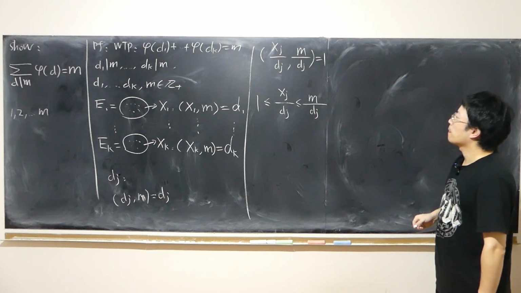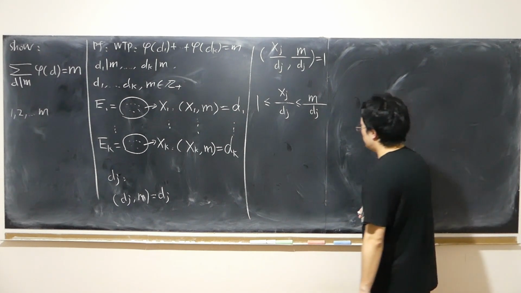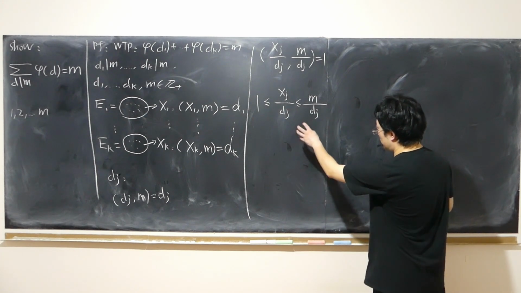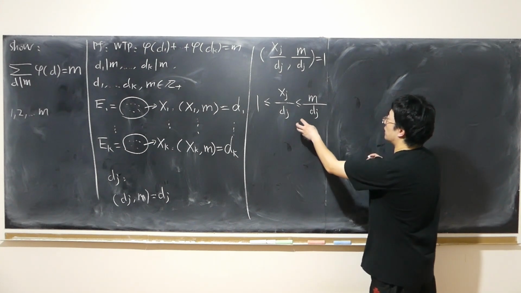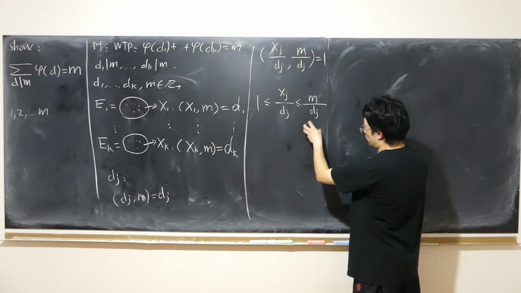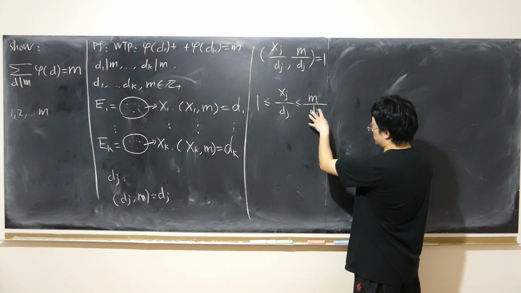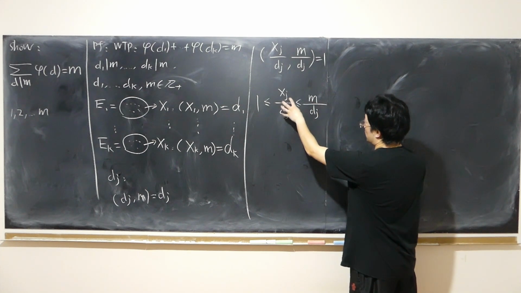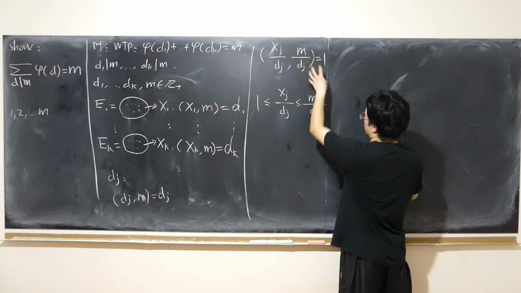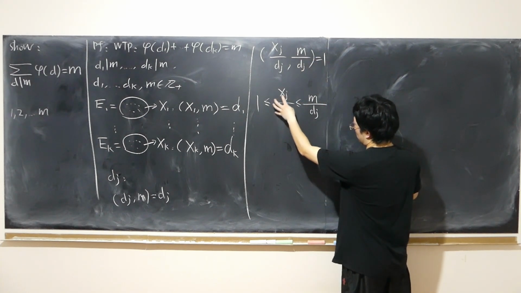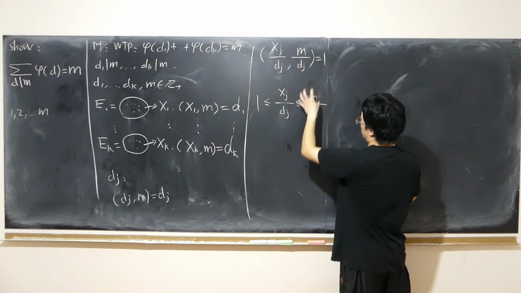Think about this. Think about the Euler totient function definition, right? So from 1, 2, 3, 4, all the way up to this positive integer, and this positive integer happens to be coprime to this modulus. How many of them have such property?